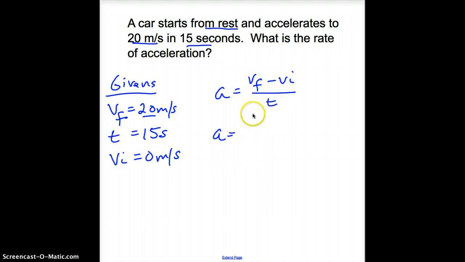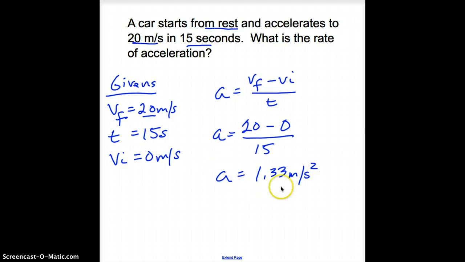Acceleration is equal to final velocity 20 minus my initial 0 divided by the time. So my acceleration is 20 divided by 15, which is 1.33 meters per second squared. That'll give me my acceleration rate for this problem.